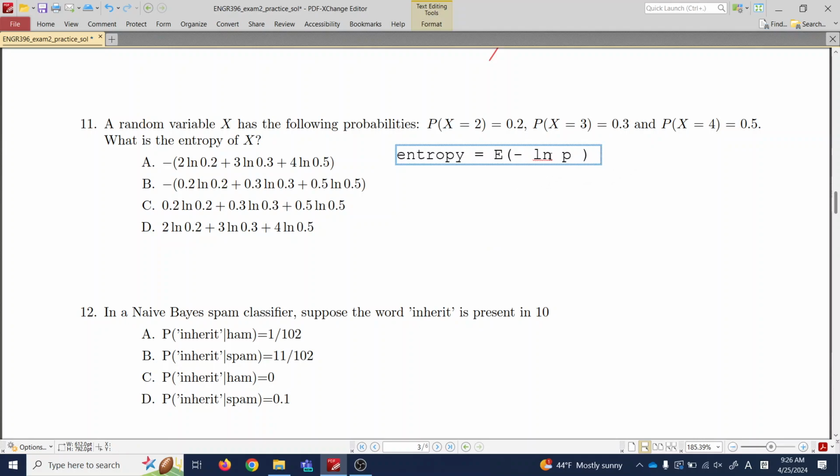Now, one thing that is slightly different is that in class, I actually used log base 2. In information theory, they have different names for these. But for the purpose of machine learning, we just use entropy to train on the data. Whether you use ln or log base 2 doesn't matter.